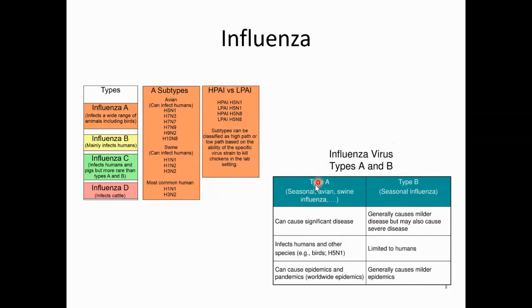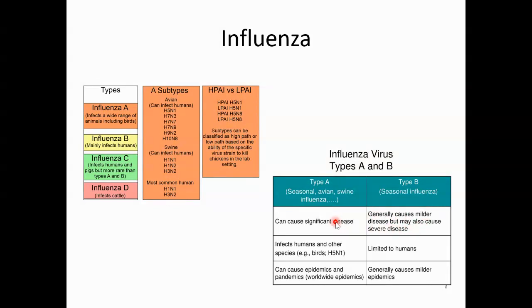Influenza virus types A and B: type A is seasonal, avian, and swine influenza; type B is seasonal influenza. When somebody gets an influenza vaccine, it's a combination of type A and type B antigens. That's what is in the influenza vaccine. That's important to know. Type A can cause significant disease. Type B generally causes a mild disease, but may also cause severe disease.